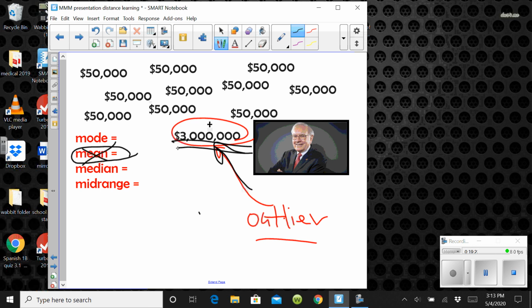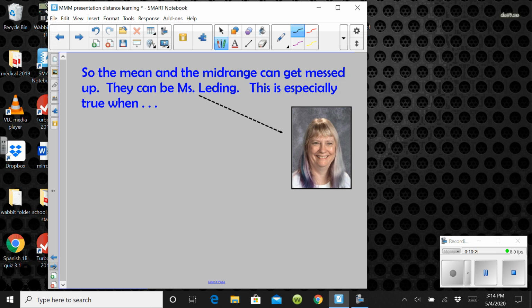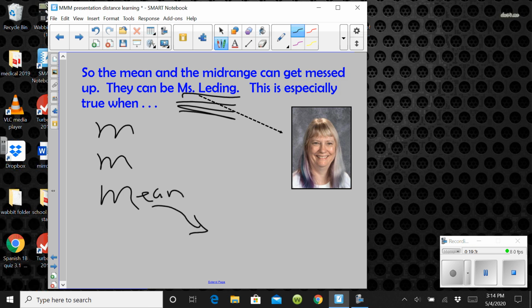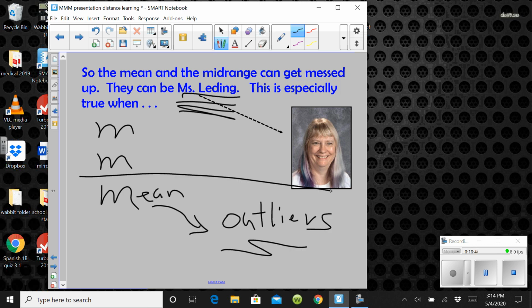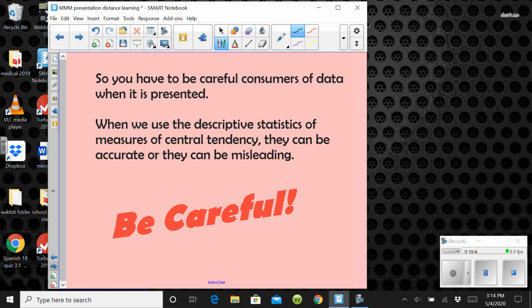So the moral of the story is the mode and the mean and the median are all supposed to describe the center, but they all can be misleading at times. And the mean is definitely misleading when there's outliers. So you should keep that in mind when you look at data.